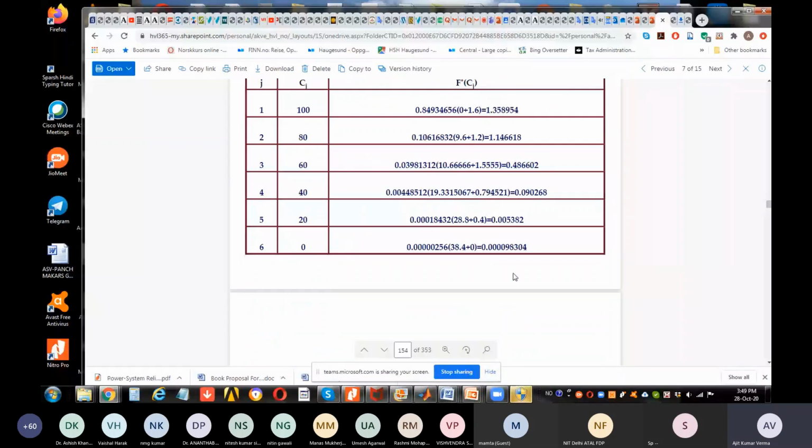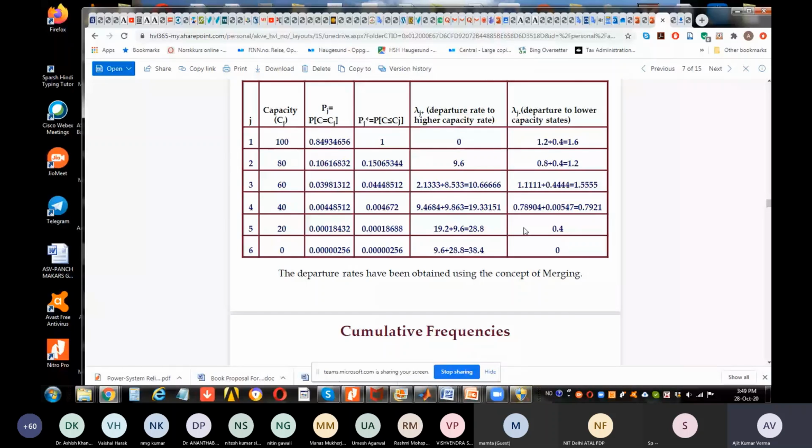So what we have been able to do is find out the state probabilities and the frequency of encountering these states. That's quite important. What will be the number of times you'll encounter, say, 60, or 40, or 20, or 80?